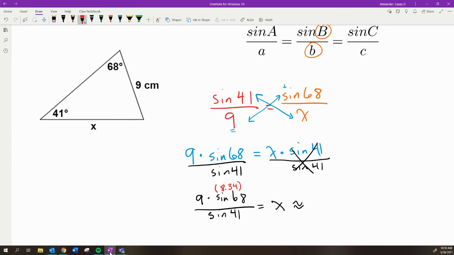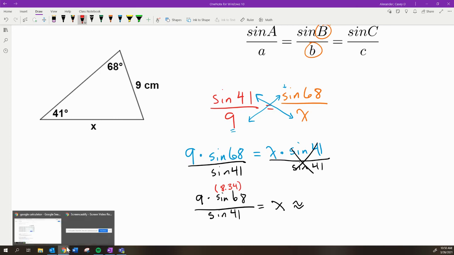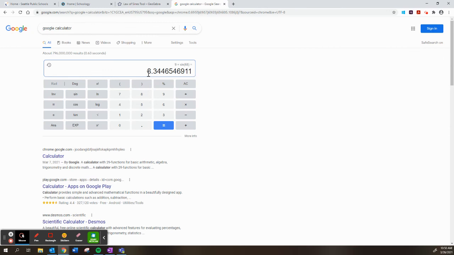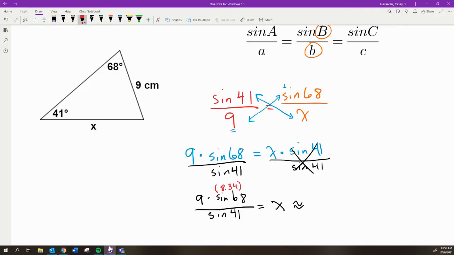And then I'm supposed to divide that number by the sine of 41. So I just leave it in the calculator and go divided by the sine of 41 degrees, and then bam. So it turns out that's about 12.72 centimeters is what we've calculated that to be, which seems to make sense if you look at this diagram.